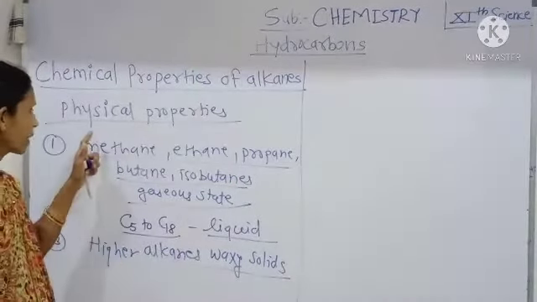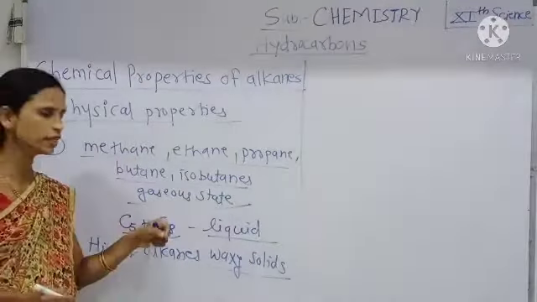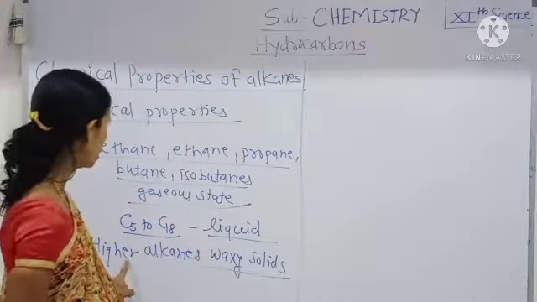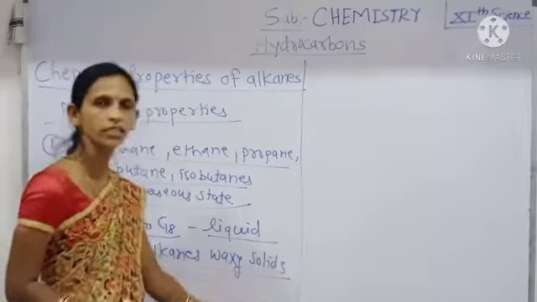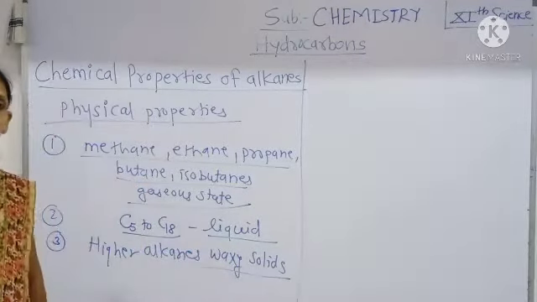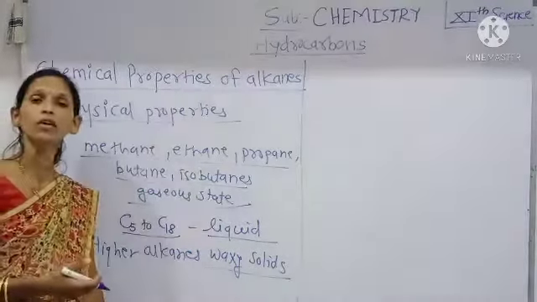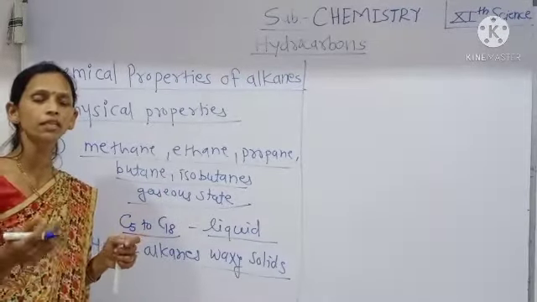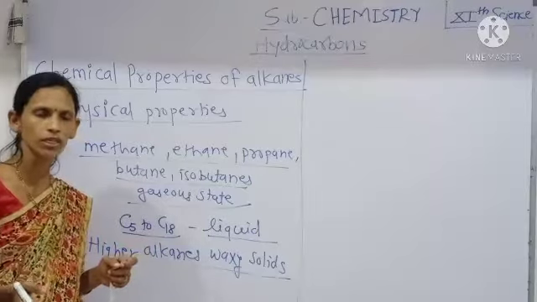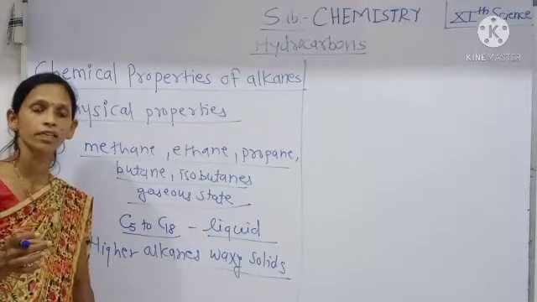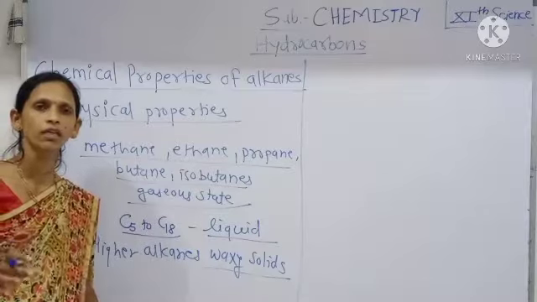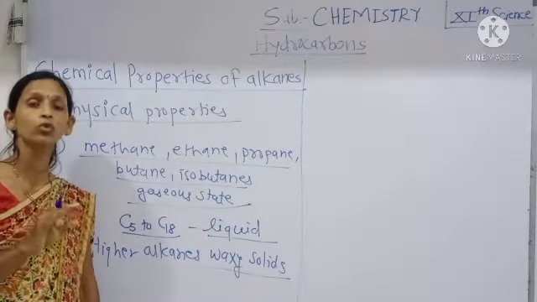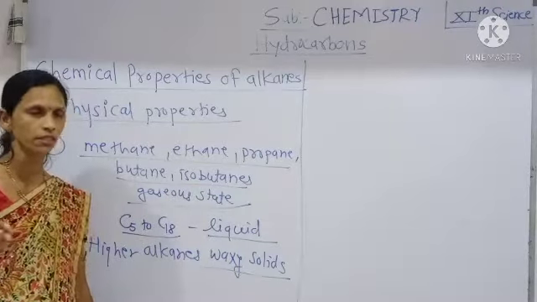That means lower members are gaseous, moderate alkanes are liquid, while higher alkanes are waxy solids. The solubility of lower alkanes: they are insoluble or sparingly soluble in water. As molar mass increases, solubility also decreases.